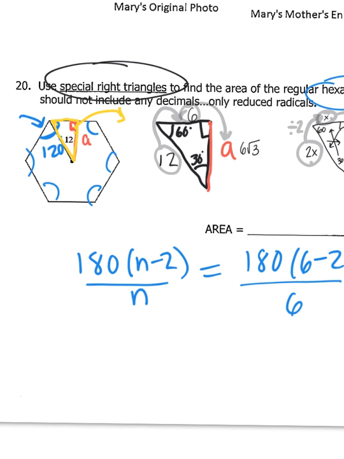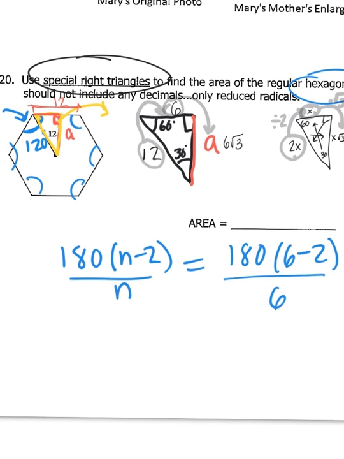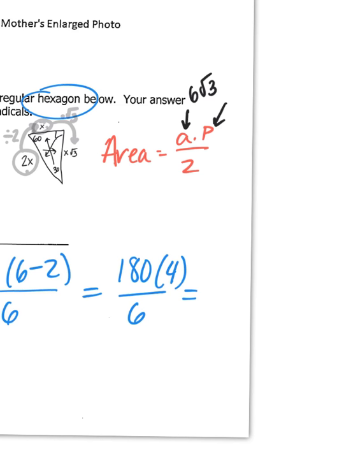It, in fact, only represents half. So if this piece is 6, the entire length must be 12. And if I want the perimeter and all of these sides are equal, well, I have 6 of those sides that are each 12 inches long. So I need to do 12 times 6, or 72. My perimeter must be 72.